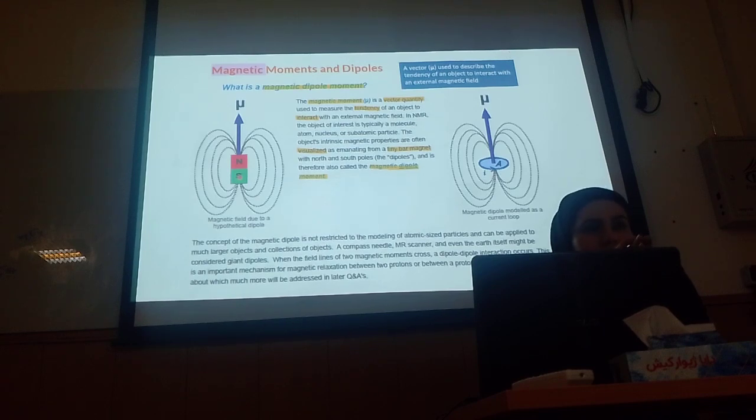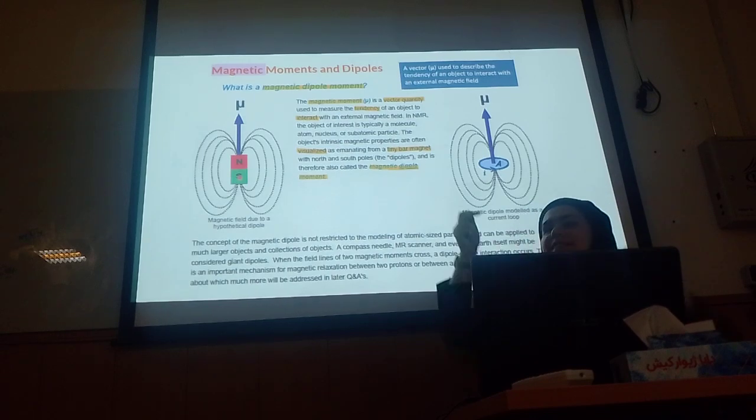Proton is also present in every atom, so why is there no magnetic field around other atoms? Because they don't have a spin.